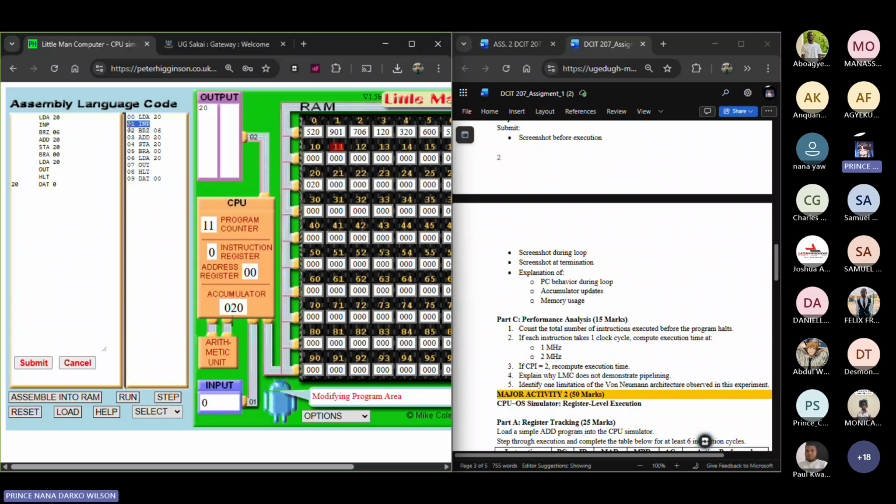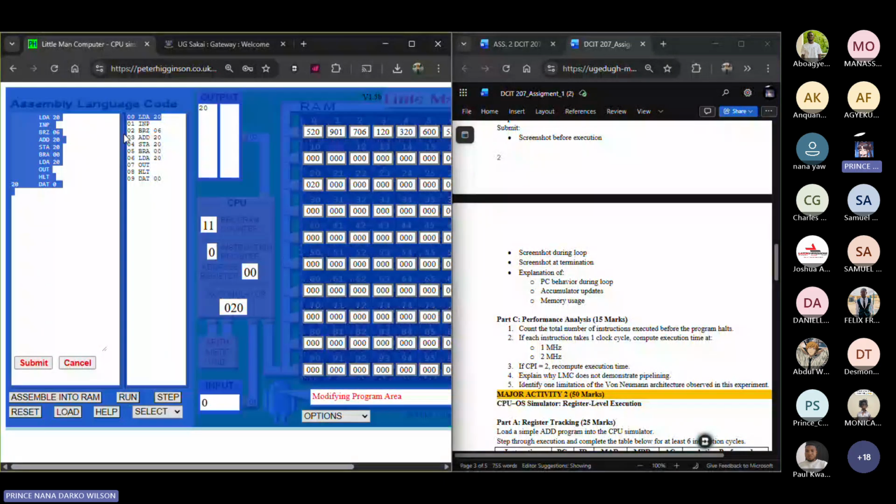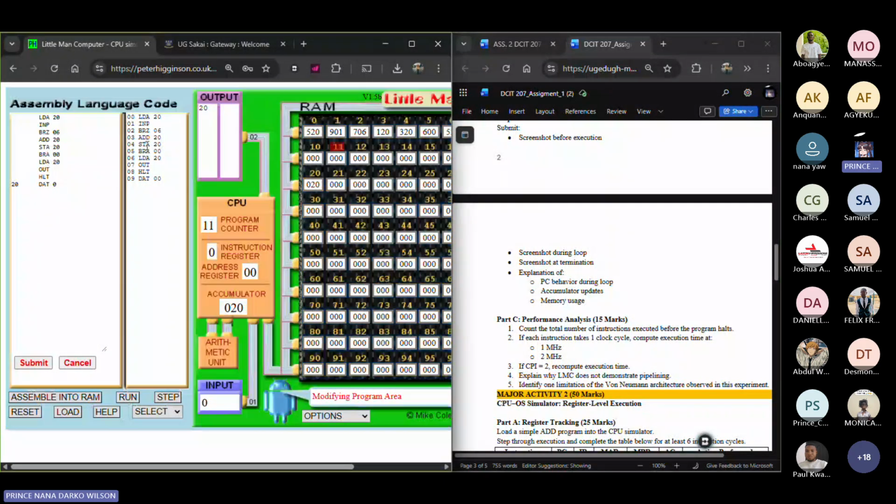If we take an input from the user, then we check the condition that says if it is 0, jump to address 6. And when you jump to address 6, load whatever is stored in 20, and then display it with the output and stop. If it is not a 0 on the other hand, add it to 20. Store it in 20 again. Branch to 0, 0. So branch always to 0, 0 means jump back to this side and repeat.